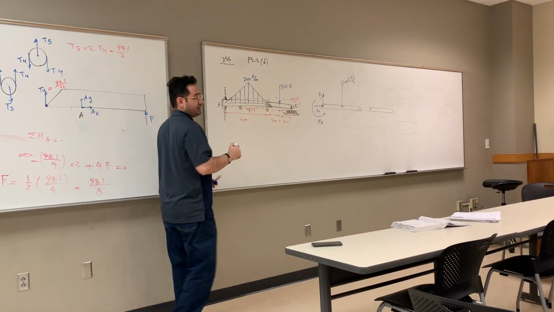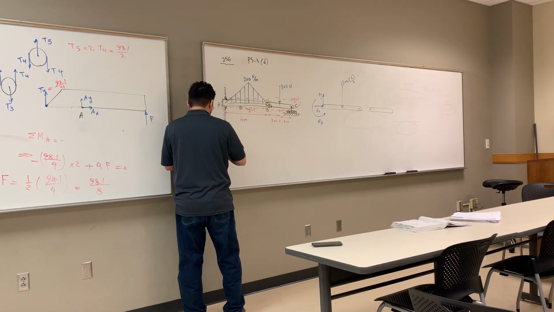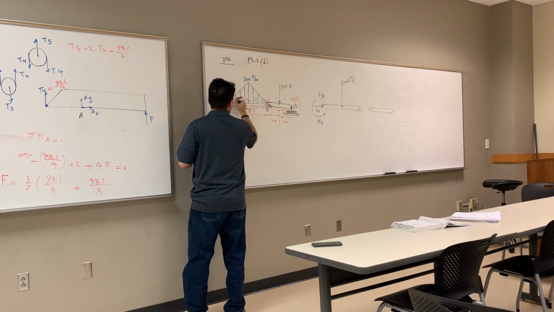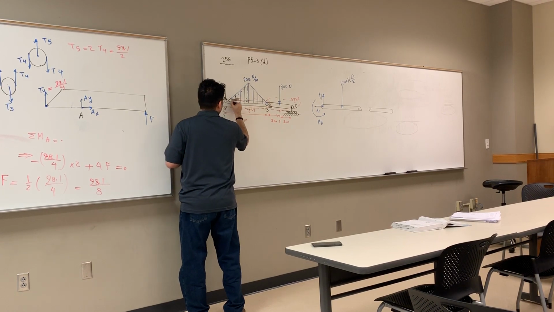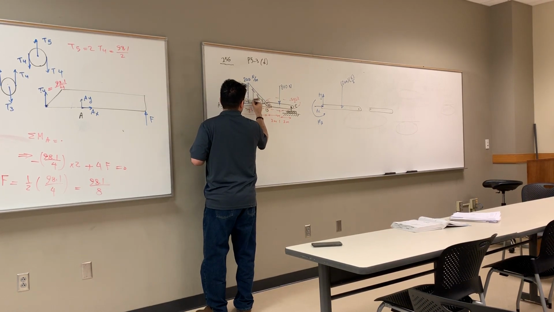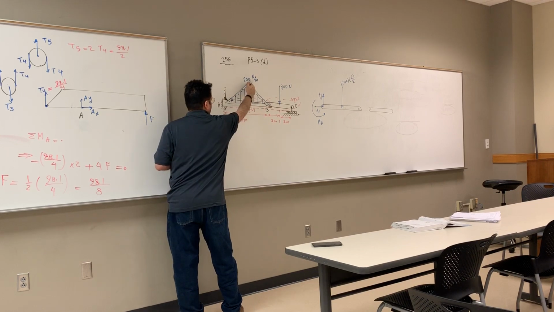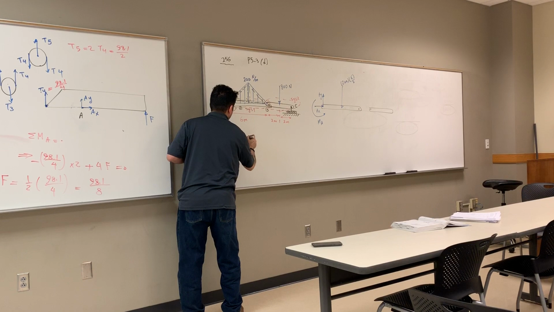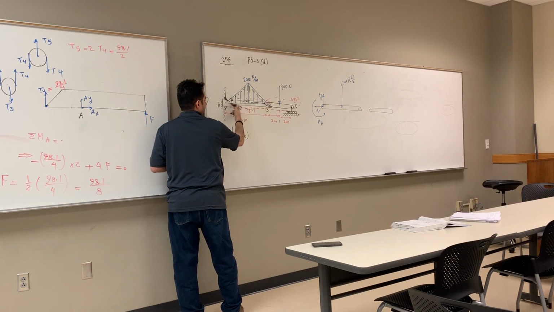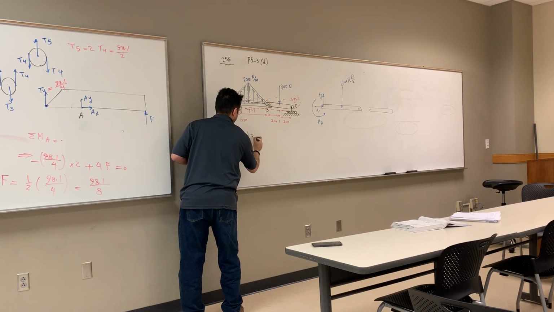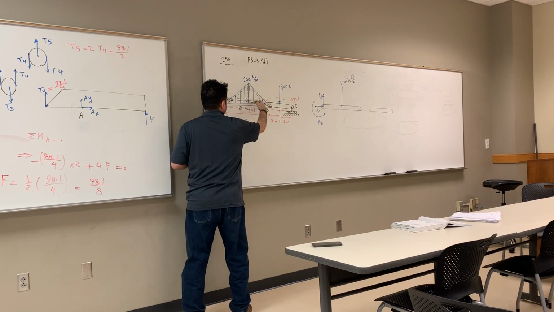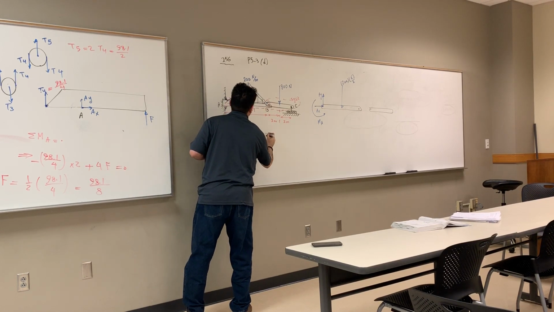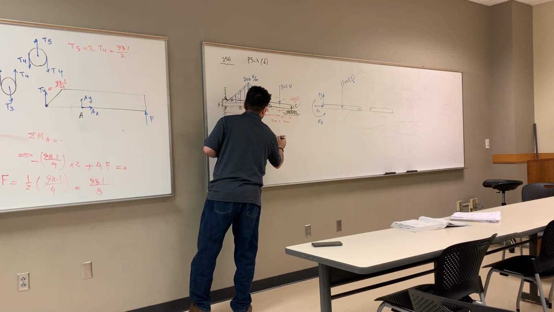In fact, you can do that, you can break it up into 2. This is another option. You can break it up into 2 triangles. So this one is half of 200 times this base, which is 6 divided by 2, 3, plus this one again is half of 200 times 3.